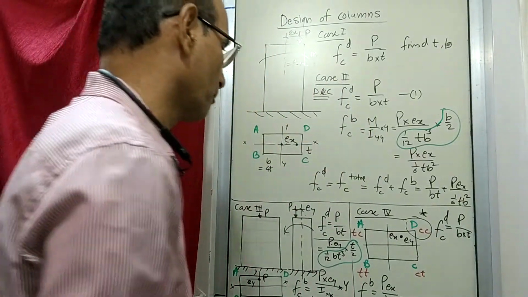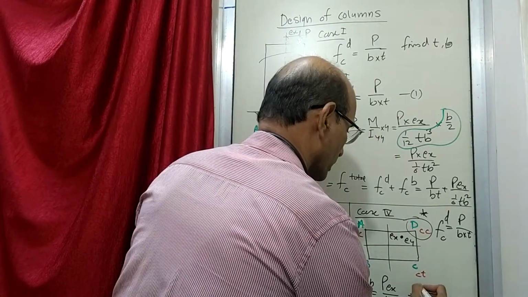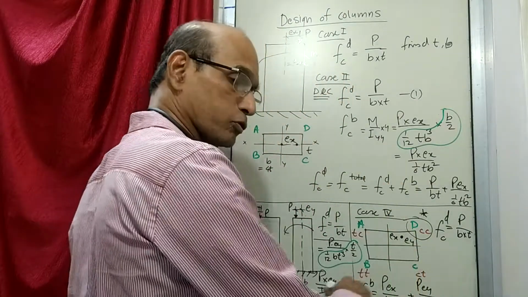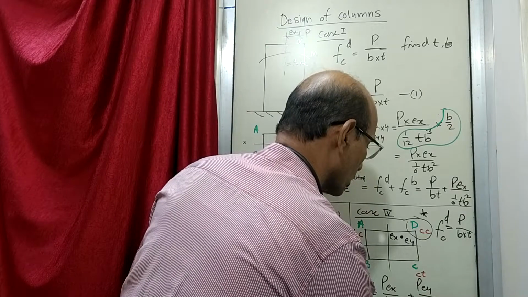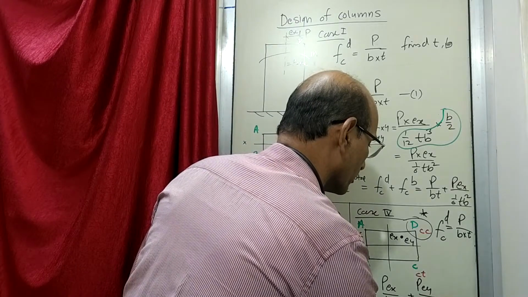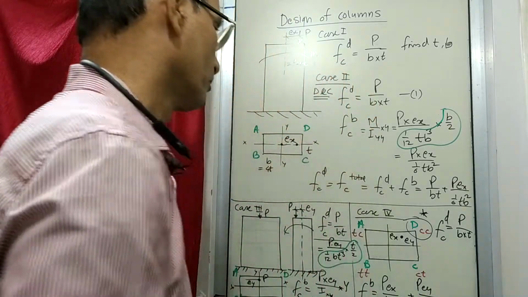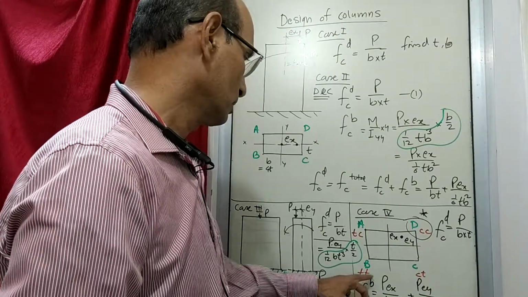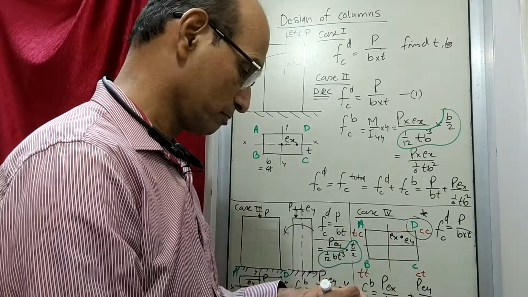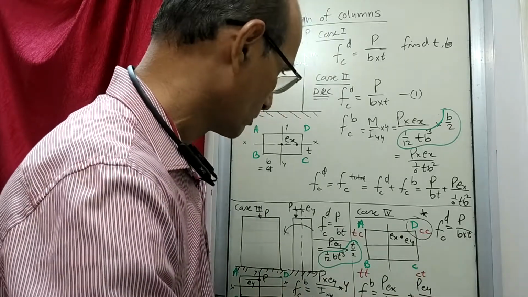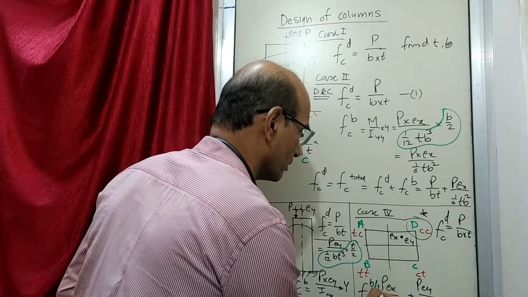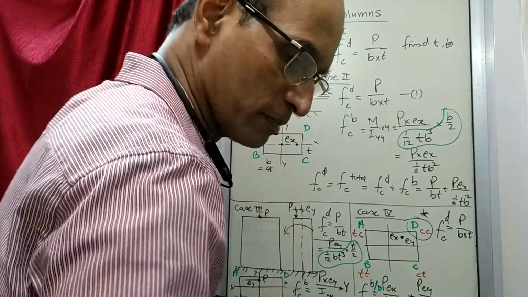Plus P into Ey, that also is compressive, upon 1/6 of BT square. Correct? That is what will be at D. This is bending at D.